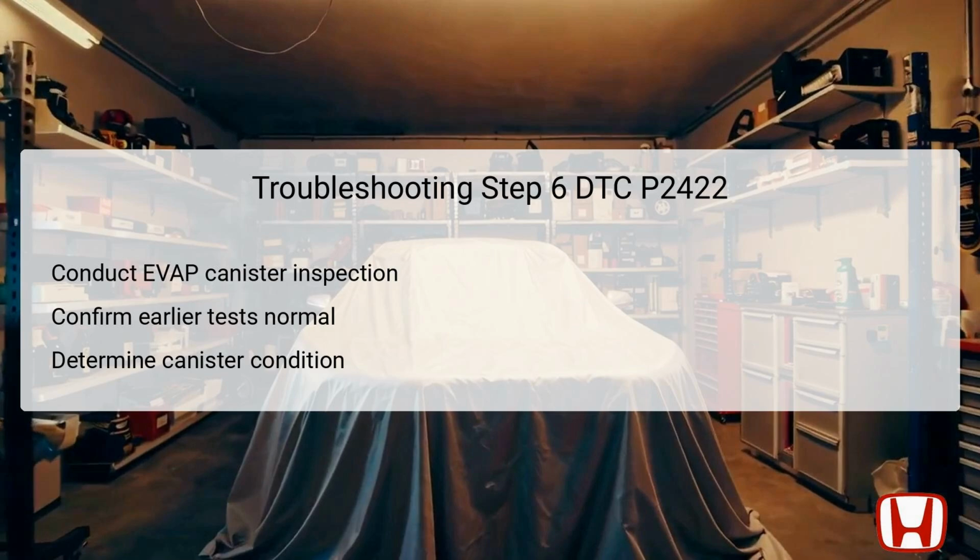If the canister shows evidence of being compromised, it will require replacement to resolve the issues leading to the DTC P2422 code. This final assessment ensures that the entire EVAP system is functioning optimally and compliant with emission standards.